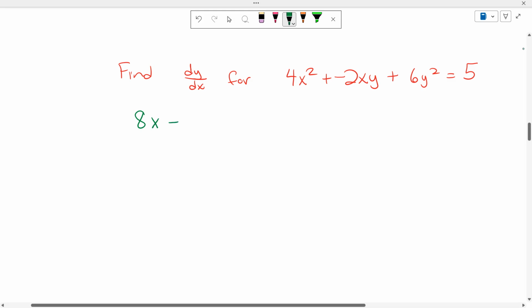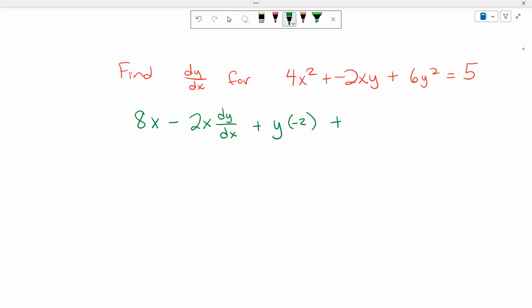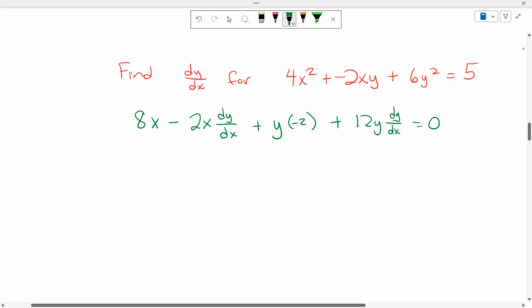The first derivative of negative 2xy: negative 2x times the first derivative of y, which is dy dx, plus y times the first derivative of negative 2x, which is negative 2, plus, what's the first derivative of 6y squared? 12y dy dx equals 0.